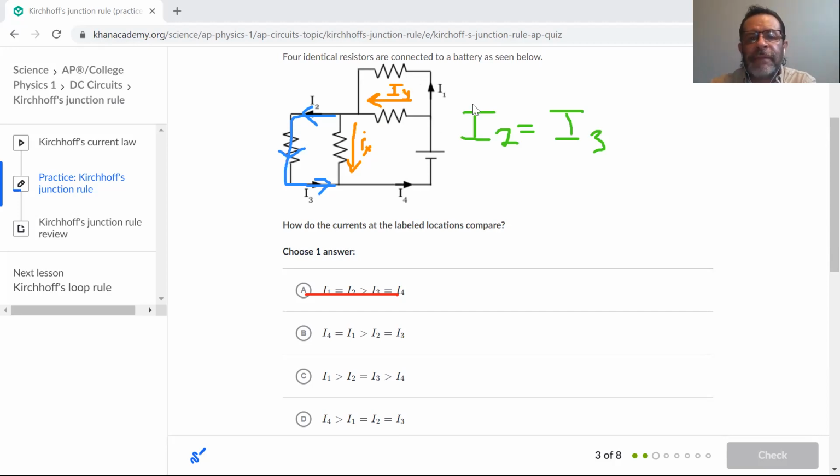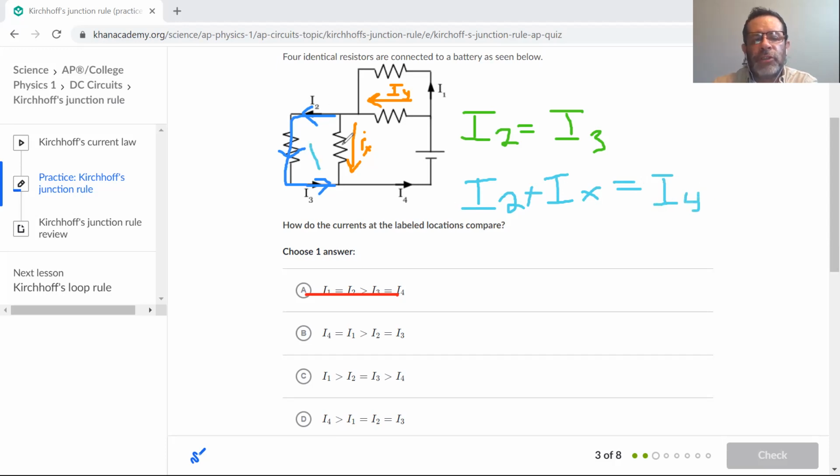One thing that I do know because of Kirchoff's current law is that I2, or I3, however we want to say it, plus IX has to be equal to I4.